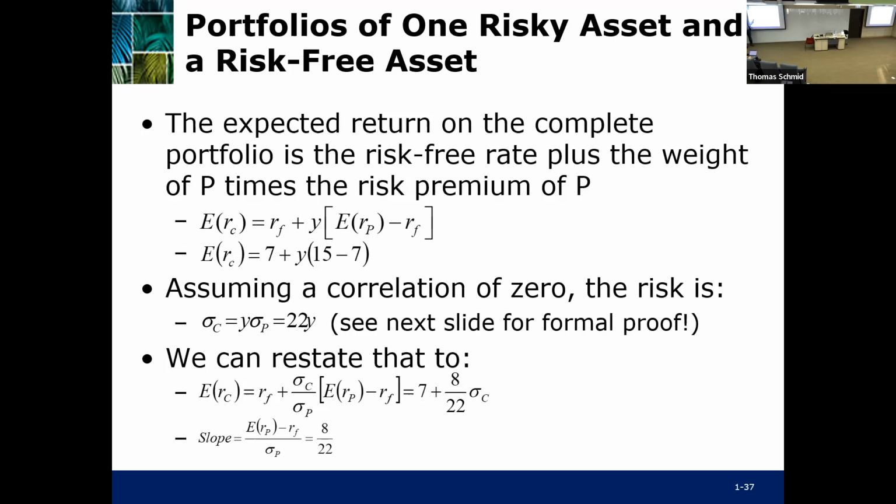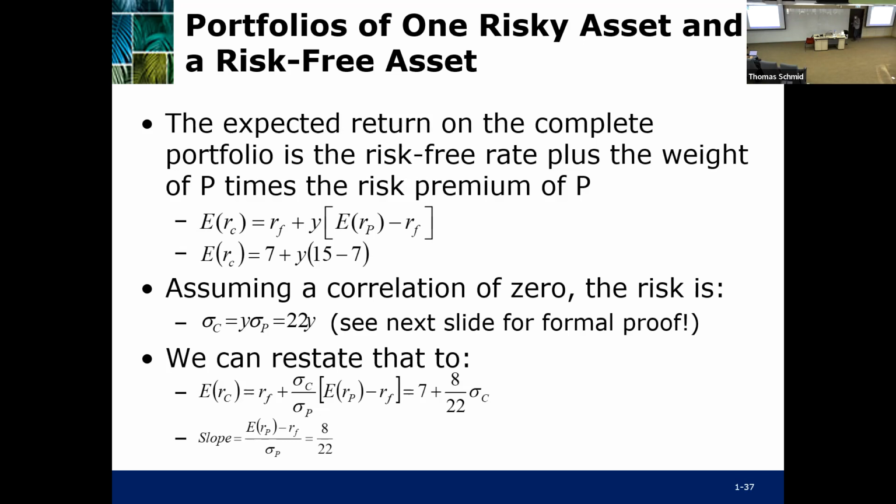Here it's the risk-free rate, and this is the risk premium times the fraction we invest in Y. But at the end, it's just the weighted average. We can set in the values, and we are done.